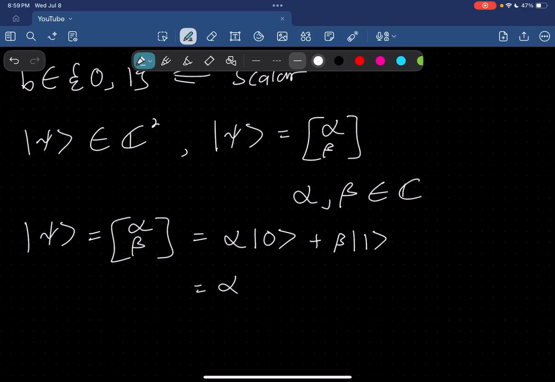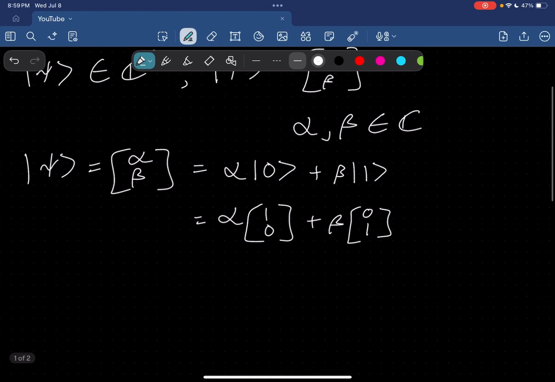Ket 0 is simply this vector, and ket 1 is this vector. And these are what we call our computational basis states.